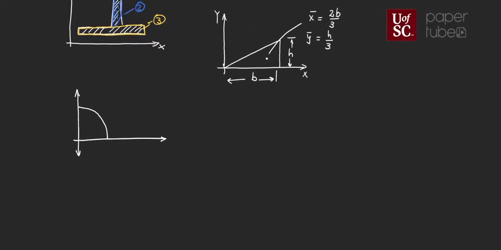If this is my shape of interest, my centroid is going to be somewhere over here. And this says that my x bar, sometimes the table says x or xc, is 4r/3 pi. And my y bar is going to be the same thing, 4r/3 pi.